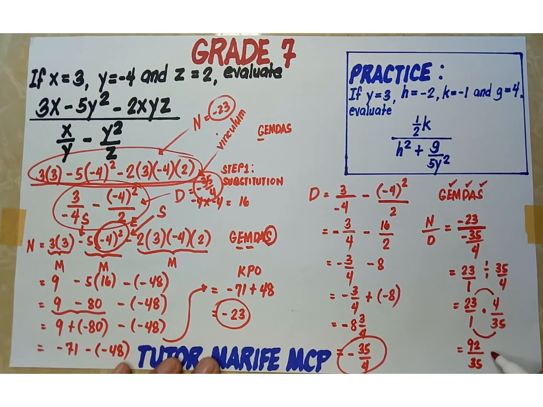And then we rewrite our answer into a mixed number. Ilang 35 ang nasa 92? Dalawang 35. Ang dalawang 35 ay 70. Ibawas mo ang 70 sa 92, merong leftover na 22. This is our final answer.